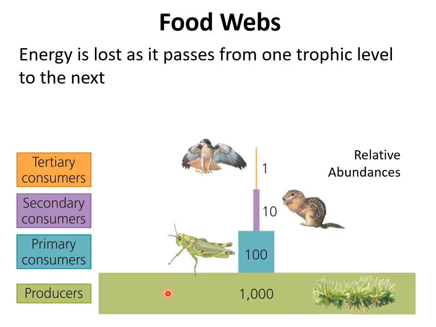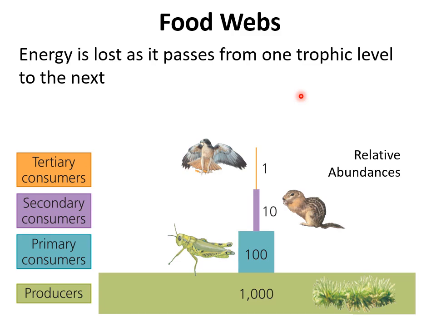Okay, so notice that the bar for the producers is really wide, primary consumers is narrower, the secondary consumer much narrower, and tertiary consumer very narrow, representing less individuals in that group. Because we quickly get to a very small amount of energy once we get to our tertiary consumers.